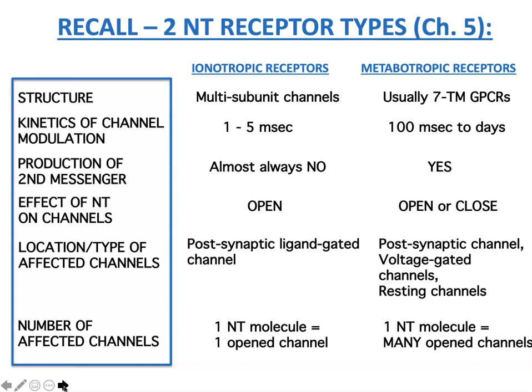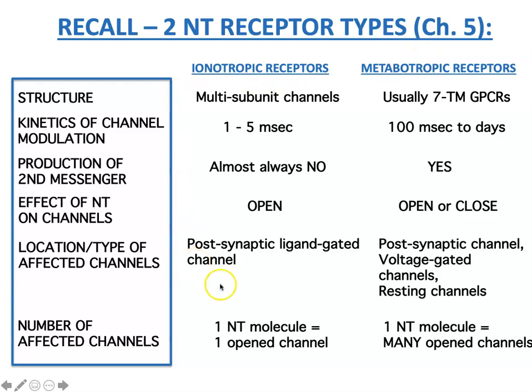What kind of experimental techniques would we use to determine a new neurotransmitter, or the neurotransmitter of your favorite presynaptic and postsynaptic pair? Just as a reminder, we are talking about the neurotransmitters that bind to these postsynaptic receptors, and those receptors can be either ionotropic or metabotropic. Go back to chapter 5 if you're not quite remembering what those two things are.